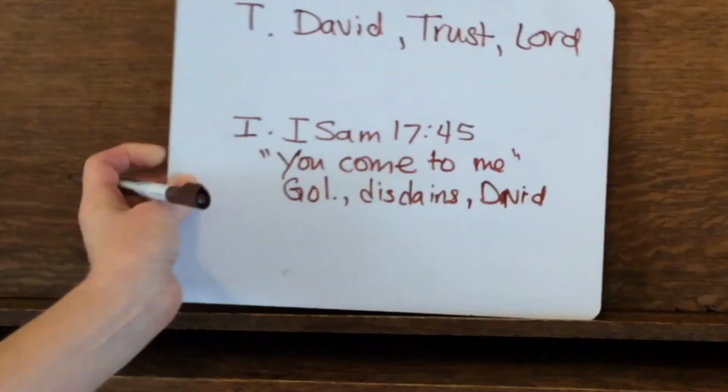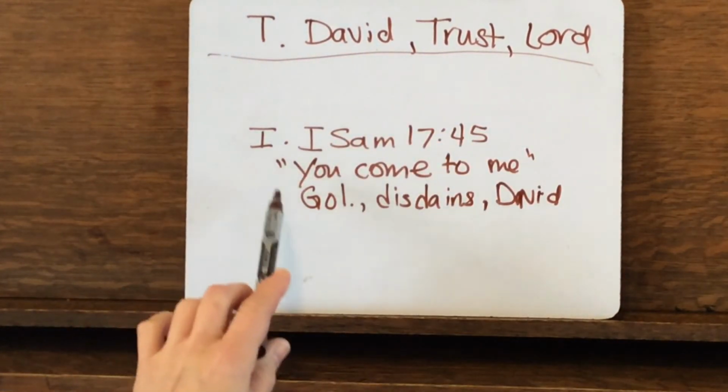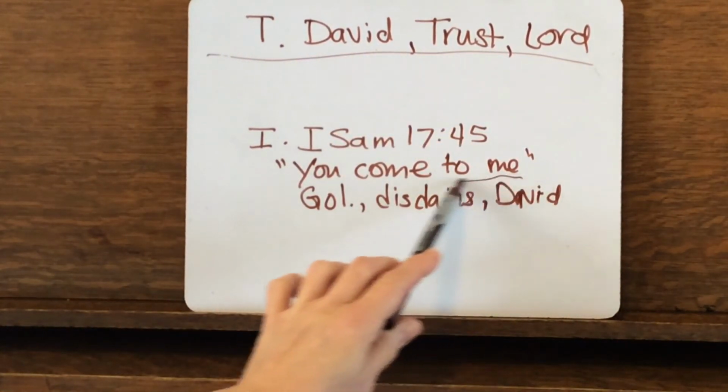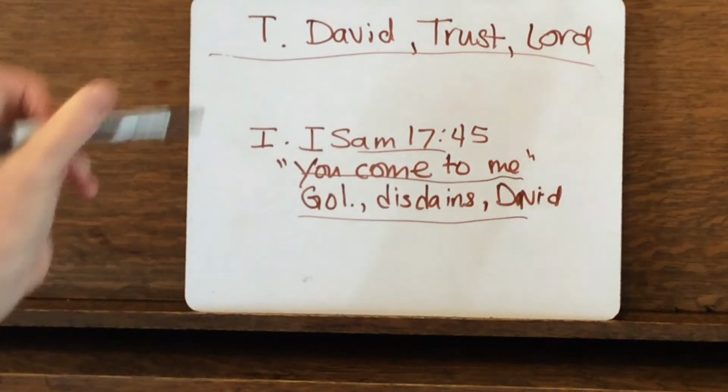Okay, so I have my topic, David trusts in the Lord. Then I have my illustration, you come to me. The whole thing, I didn't write it all out, but I have more than one line. This is my illustration.